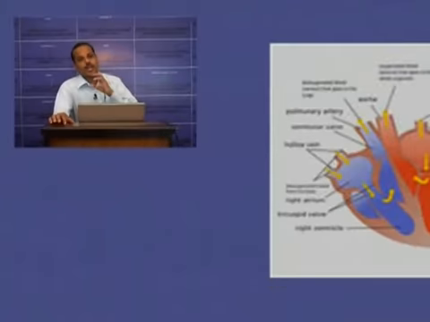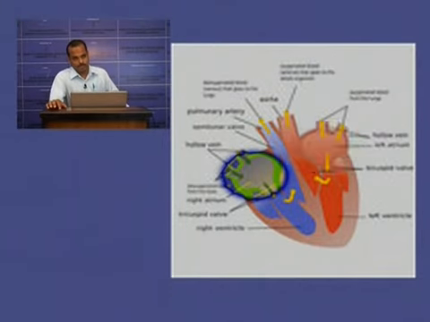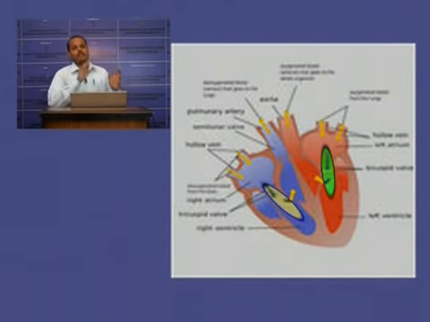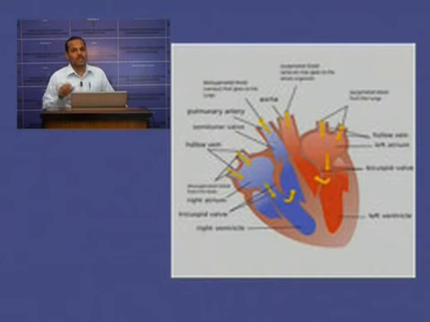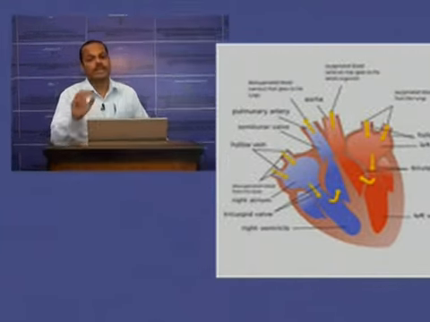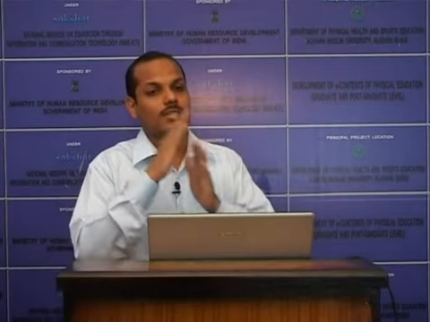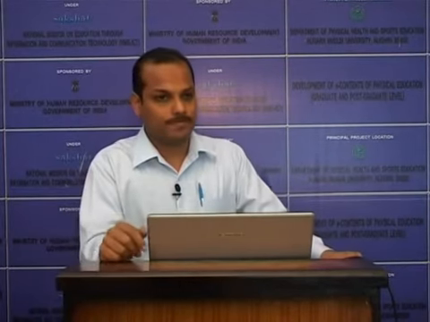Now, the four chambers. The first chamber is the atria. Atria are small thin-walled chambers, and they have expandable outer auricles. These are flaps on the anterior surface of the atria. The filling of the atria is entirely passive filling, and the two atria are separated by an interatrial septum.